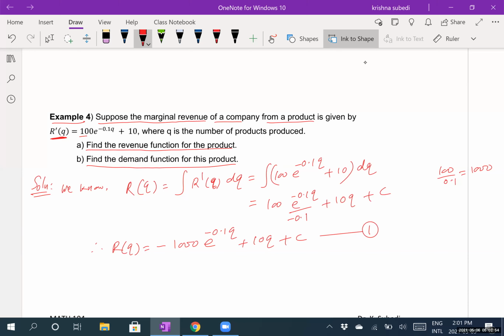In another word, some condition must be given, as in example 2 and 3. Now, my question to you is this. Can we find the value of c? Is the condition given here in this example 4? No, the condition is not.